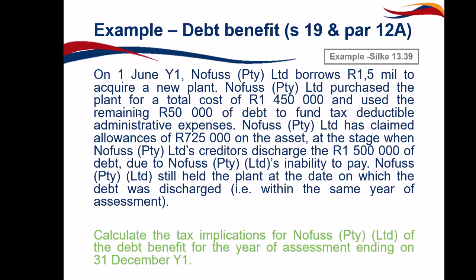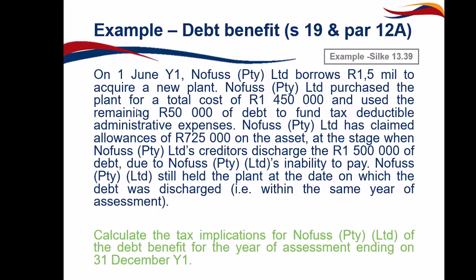We need to look at the debt and see how much of the debt relates to the tax-deductible expense and how much of the debt benefit relates to the asset. And once we've done that, then we're going to see the debt benefits that relate to the asset must first be applied to the base cost, and the remaining can be recouped in terms of section 19(6).